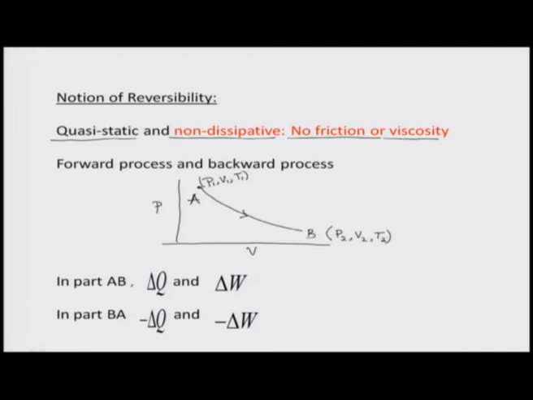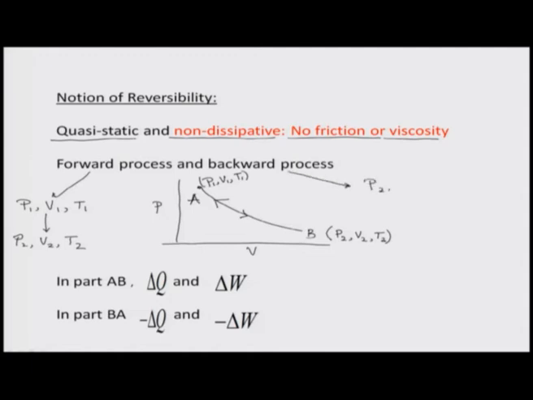Now, if I revert the direction of the arrow, what does it mean? I mean that I am going from P2 V2 T2 to P1 V1 T1. So, forward process means I am going from P1 V1 T1 to P2 V2 T2, whereas backward process implies the reverse.